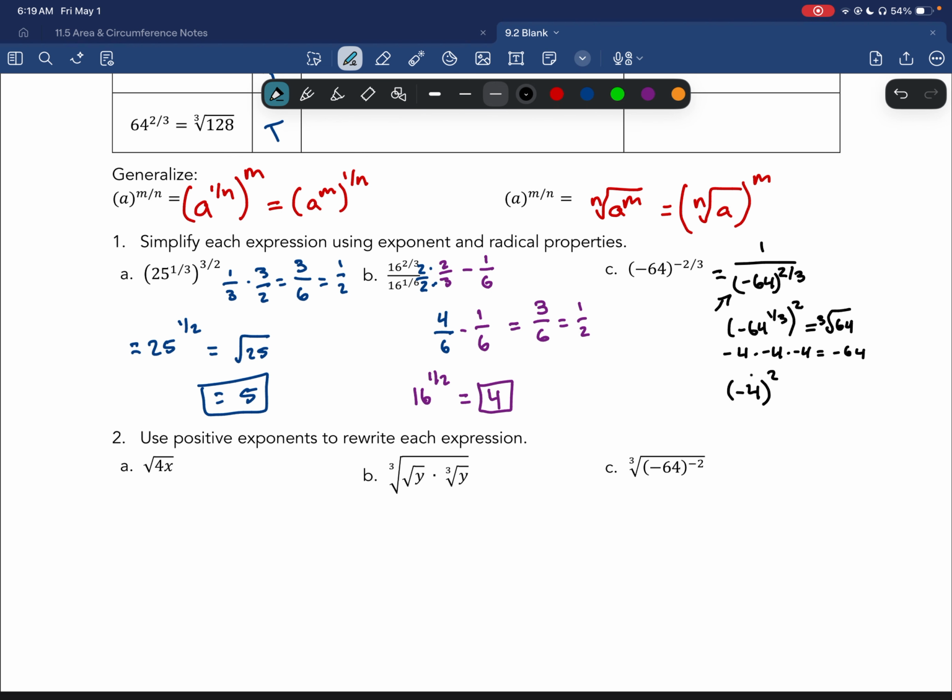And then that was negative 4, so that square just comes down. And then I can do negative 4 squared. Now I do want to mention all of this is supposed to still be in a fraction, right? We don't want to forget that. So when I do that, I get 1 over negative 4 times negative 4 is positive 16.